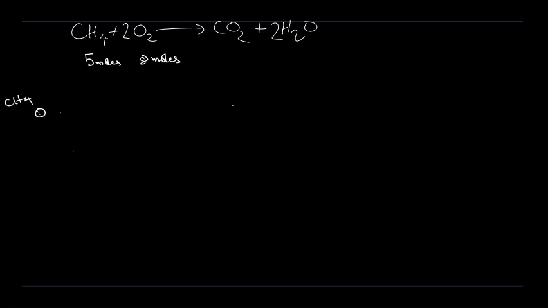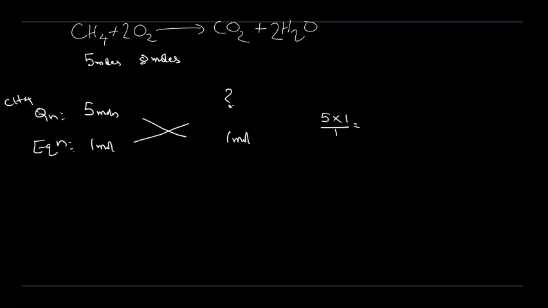From the question I have 5 moles, and how much carbon dioxide it will form is what I'm going to calculate. From the balanced equation, I have 1 mole of methane and 1 mole of carbon dioxide. So when you cross multiply, we can find how many moles of carbon dioxide it will form. 5 times 1 divided by 1, so I will get 5 moles of carbon dioxide.